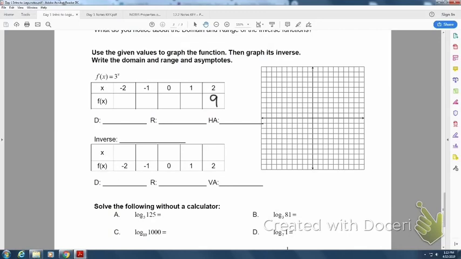Which is 9. So 3 to the power of negative 2 is what? 1 over 9. 3 to the power of 1 is what? 3. So 3 to the power of negative 1 is 1/3. Anything to the power of 0 is 1. So go ahead and graph those for me.